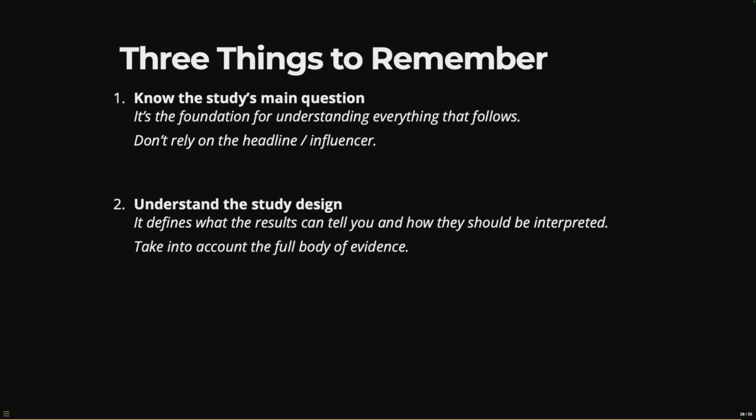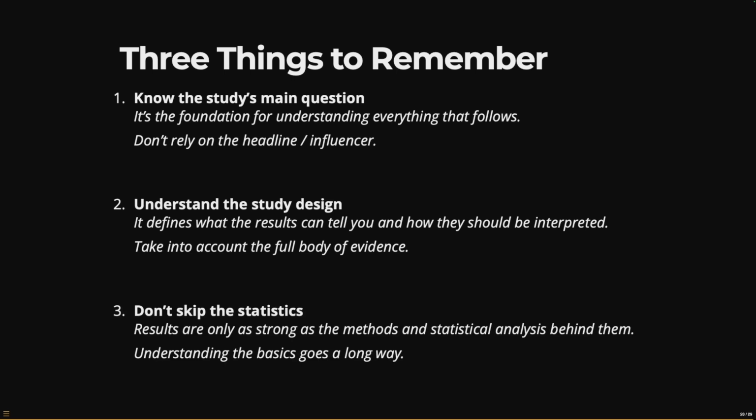But also remember, it's just one study. Try to take into account the full body of evidence if there are other studies as well. The third one is just learn a bit about the basic statistics and how they're used in studies, because the results of a study are only as strong as the statistical analysis behind them. If the statistical analysis is crappy, the conclusions are also crappy.